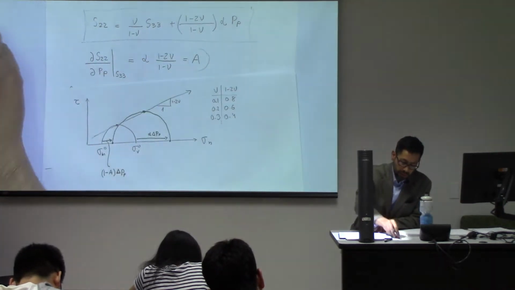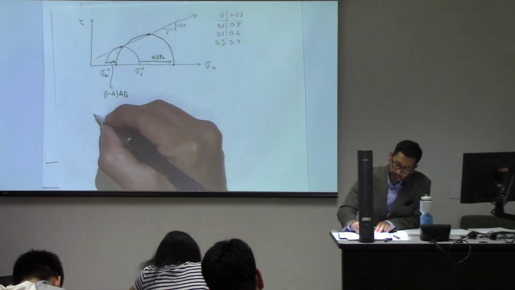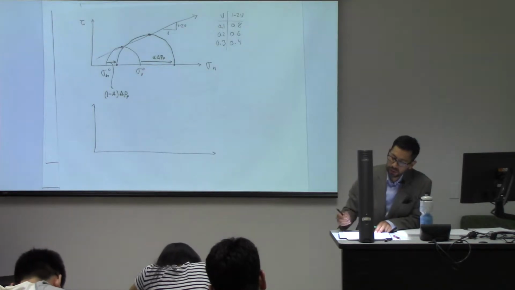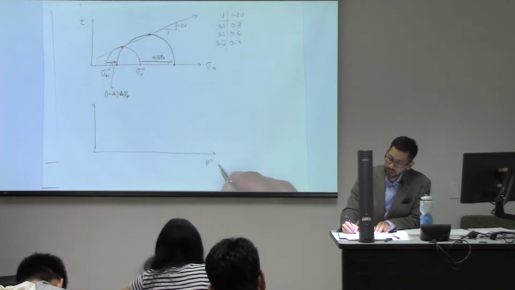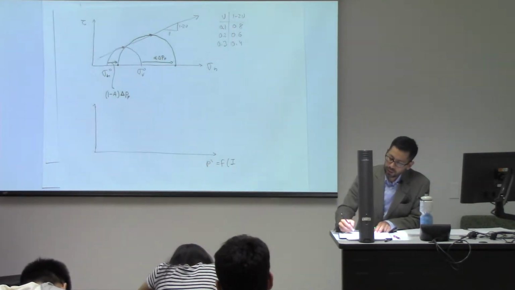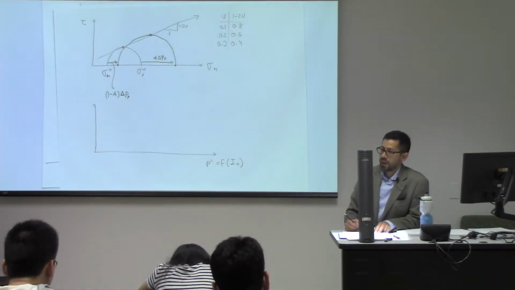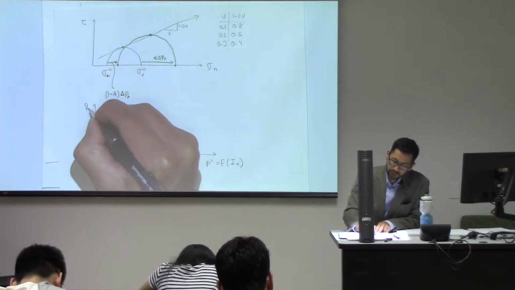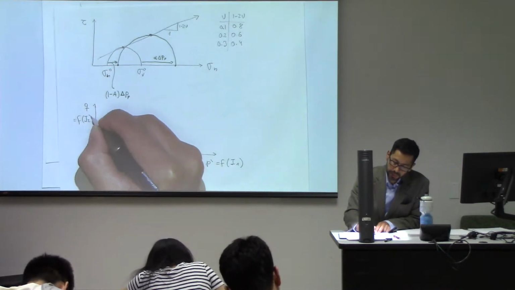But instead, let's draw this stress path as it is more conventionally done, instead of in Mohr circles, in terms of the effective mean stress, which is a function, if you remember, of I1, as actually is the first invariant divided by 3 of the effective stress tensor, and here as a function of Q, which is a function of J2.